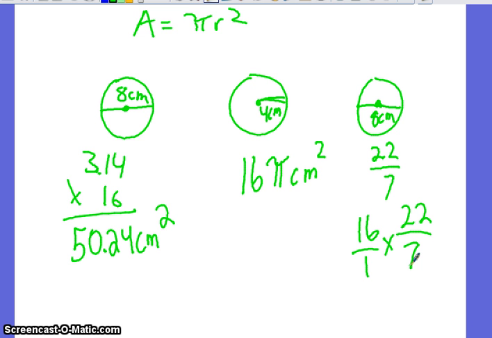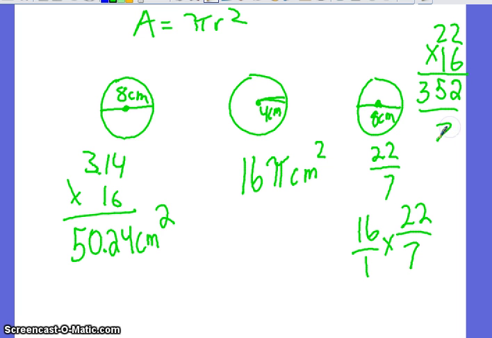So you have to multiply it. 16 times 22 divided by 7. And you're going to write this one as a mixed number because you're already multiplying by a fraction. 352/7. Good.